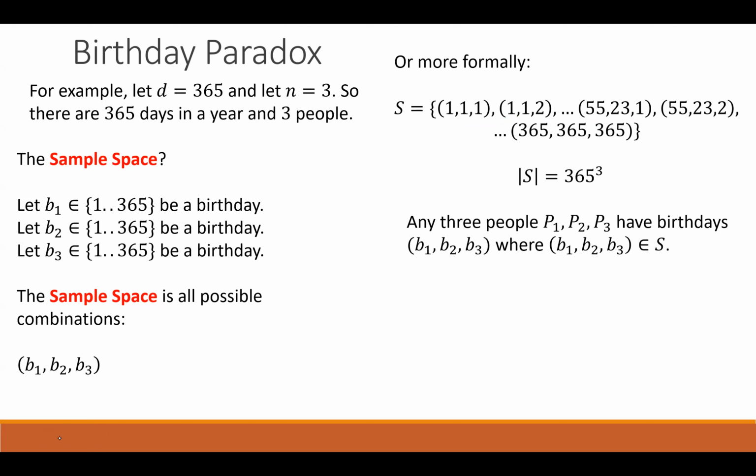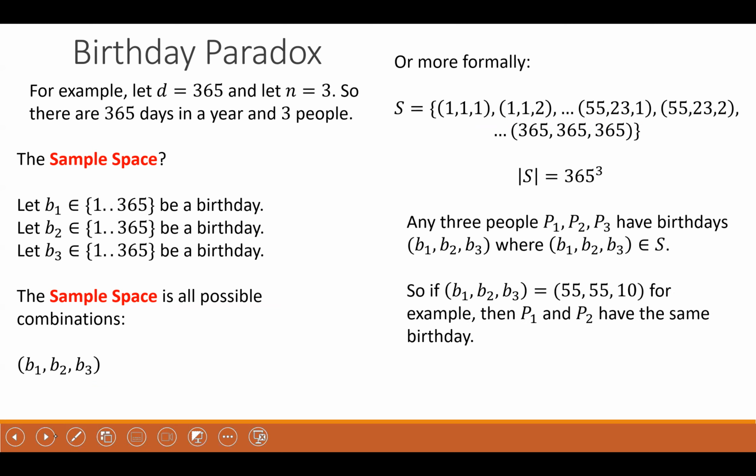So my outcome then is one of these triples, which corresponds to the birthdays of the three different people. And if I choose, for example, this outcome, 55, 55, 10, that means person one and person two have the same birthday. Right? Same number, same birthday. So my sample space is here.